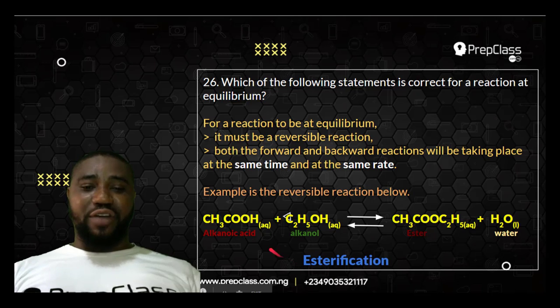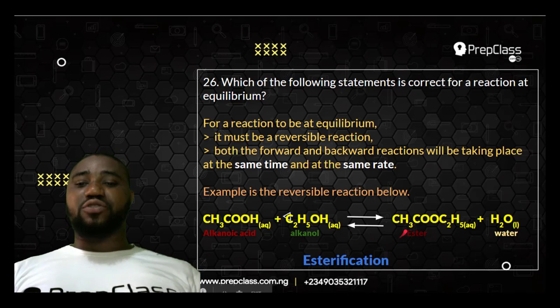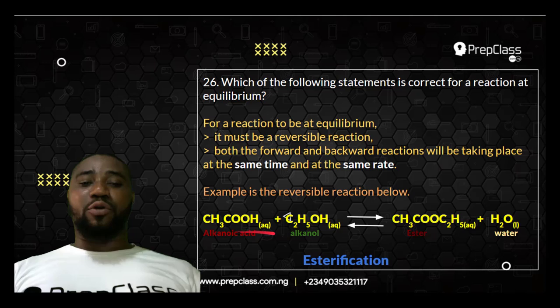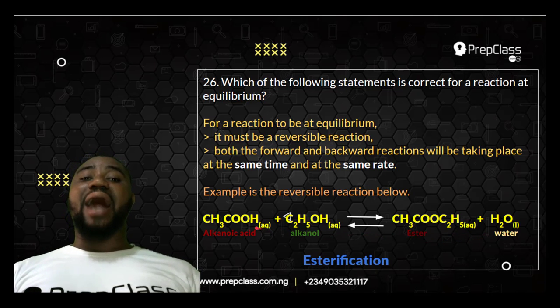This is an esterification reaction. The reaction between an alkanoic acid and an alcohol is known as esterification. It gives rise to ester and water, and as you can see, it is a reversible reaction. Reversible reaction tells you that as the reactants are combining to form the product, which is the forward reaction, the products are also combining to give back the reactants.